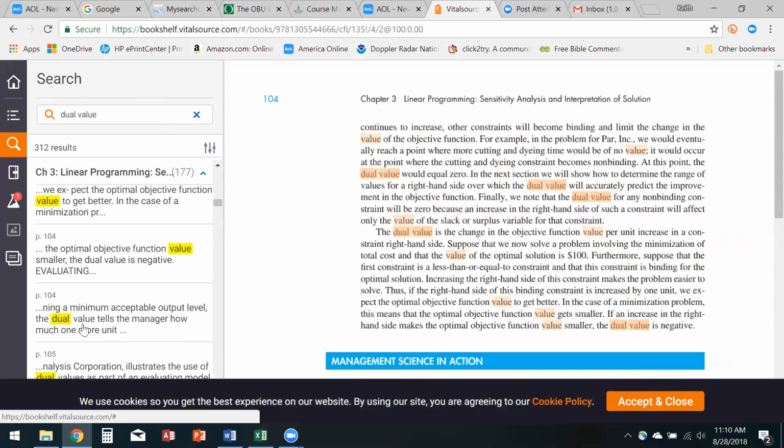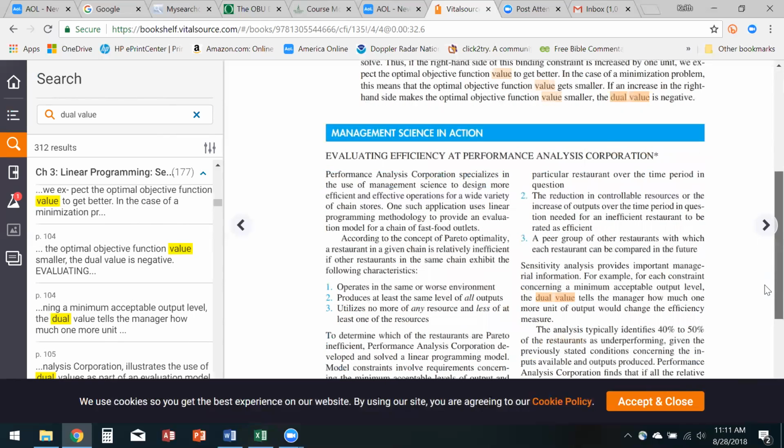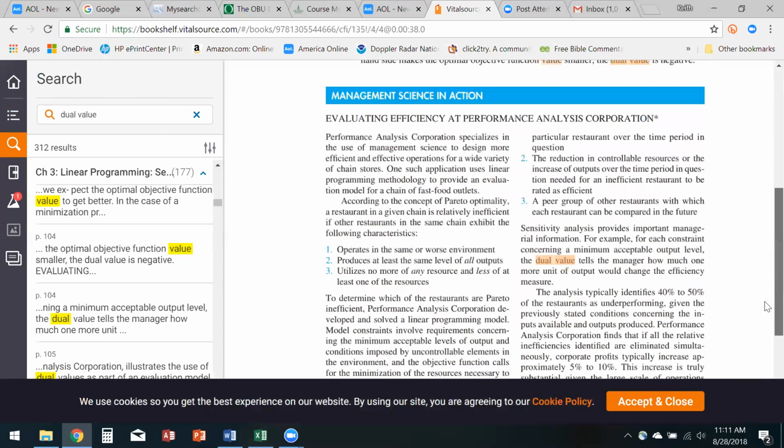Dual value talks about the improvement we'll get if we add to or subtract from one of these constraints. It's a change in the objective, and the authors tell us this, but it's important for you to understand this. It's the change in the objective function value per unit increase in a constraint on the right-hand side. And they give us an example showing what the dual value is all about.